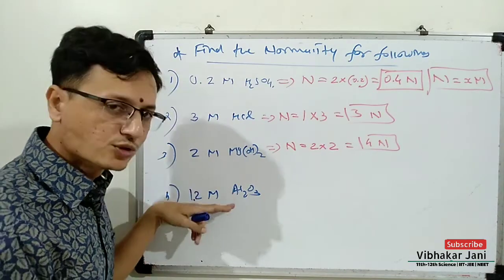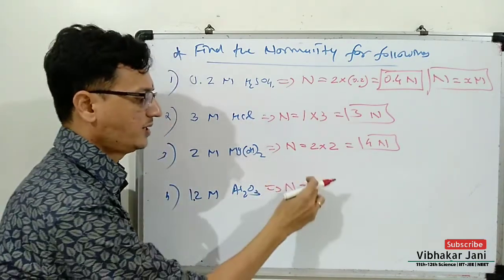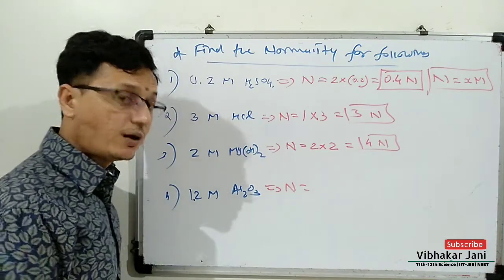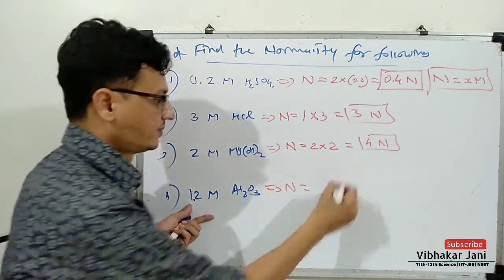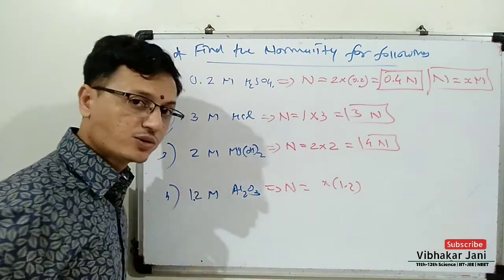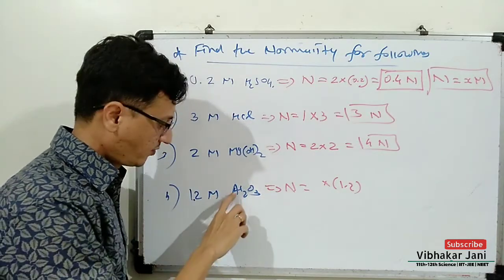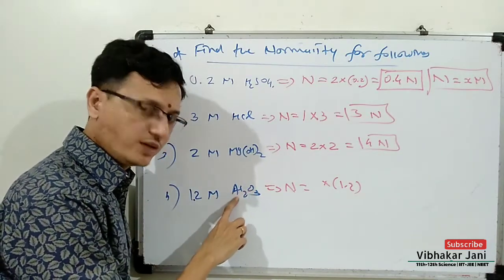Acid, base and salt. So if you want to find normality of this salt, then it will also be equal to X into M. Now M is 1.2. What will be our X? X for Al2O3, that I have also told you. Total charge either for oxygen or for aluminium.